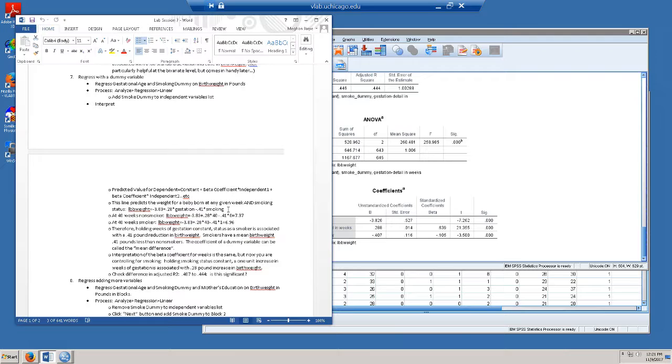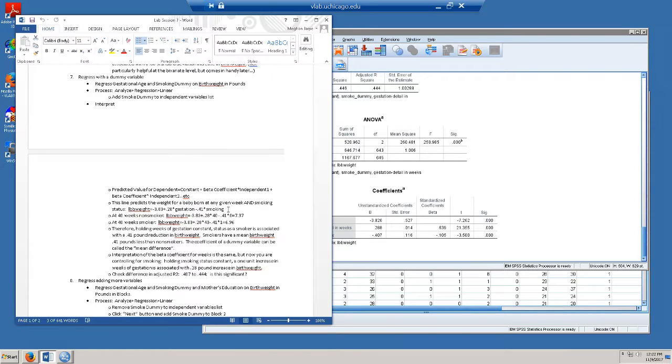If you want to predict a 40-week non-smoker birth weight, you would do negative 3.83 plus 0.28 times 40 minus 0.41 times 0. So you're not calculating that smoker variable. It's still part of the equation, but it gets canceled out because you multiply it by 0, and you get 7.37 pounds.